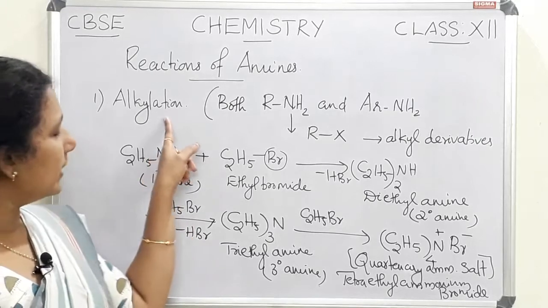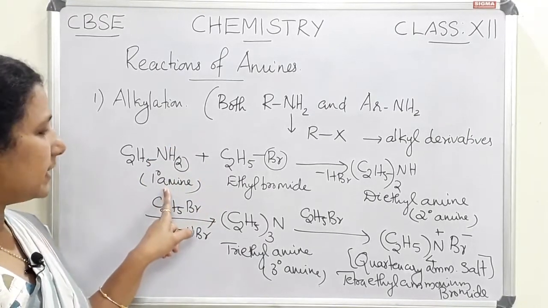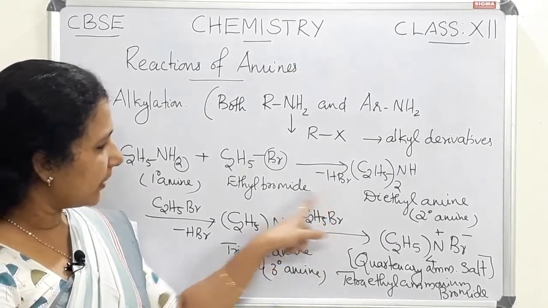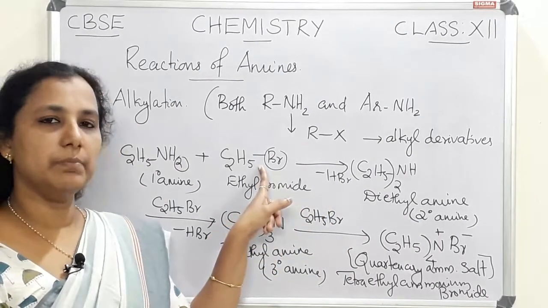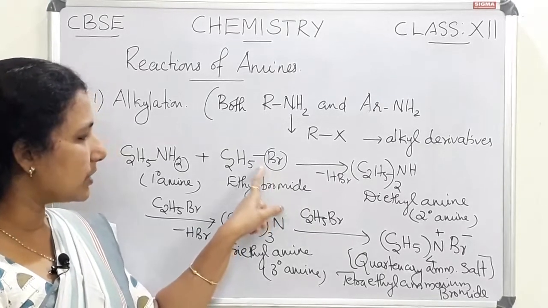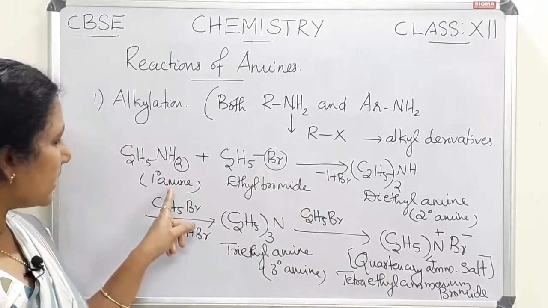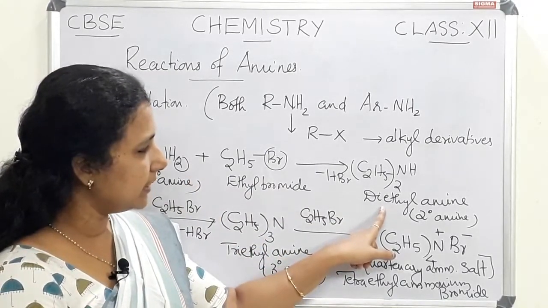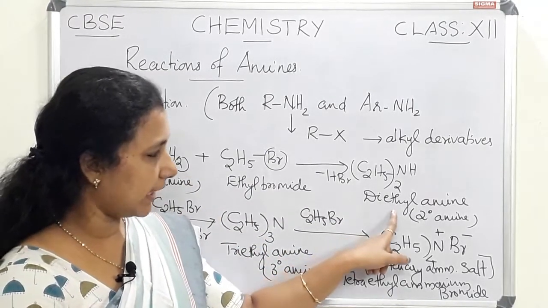So in alkylation, in the case of aliphatic amine, we will get these products where C2H5Br, the alkyl halide, is used in excess. The primary amine is converted to the next alkyl derivative, that is a secondary amine.